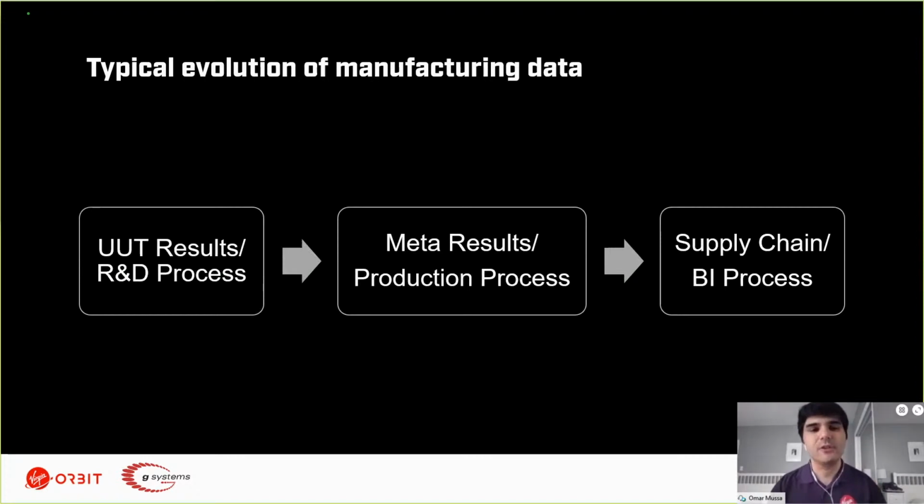In my view, the typical evolution of manufacturing data is this. We focus on generating UUT result data. We have some test article that we're testing or some product we're developing, and we generate amazing data that shows that that unit works. At that point, we start moving those products into production.